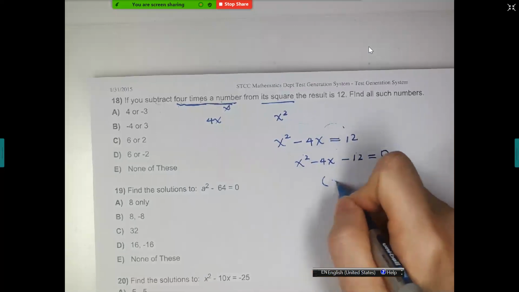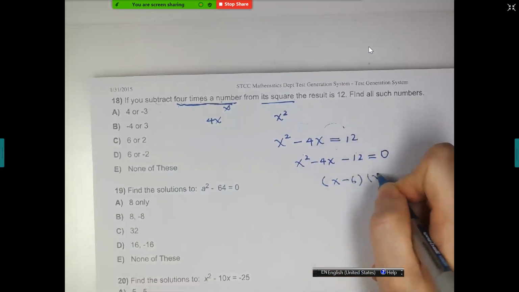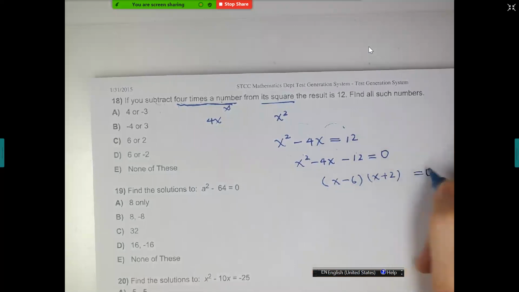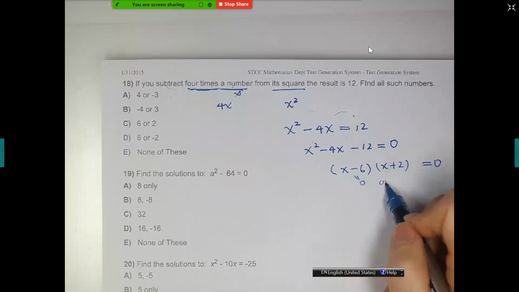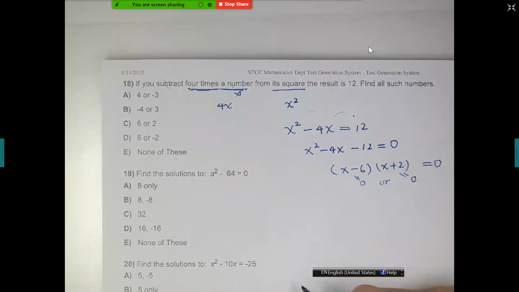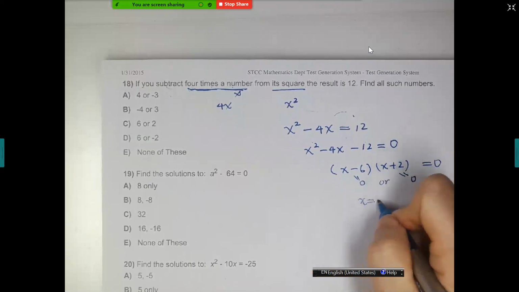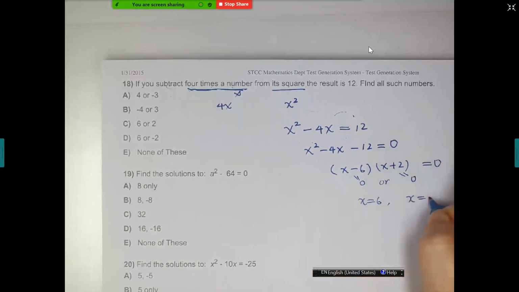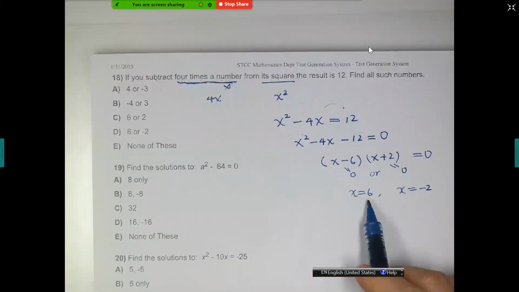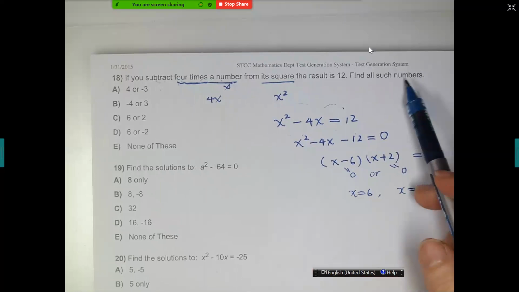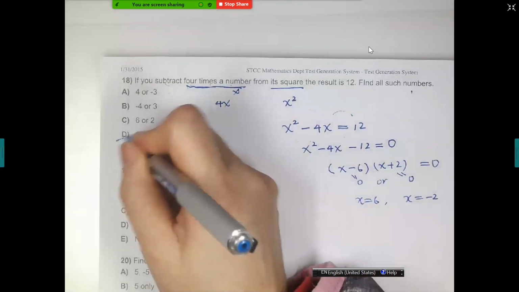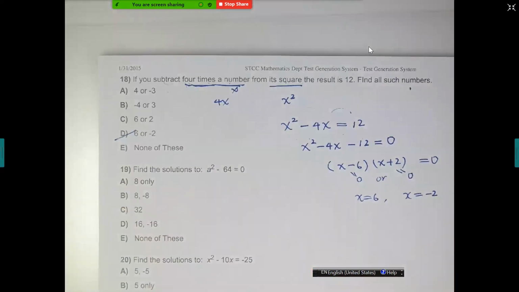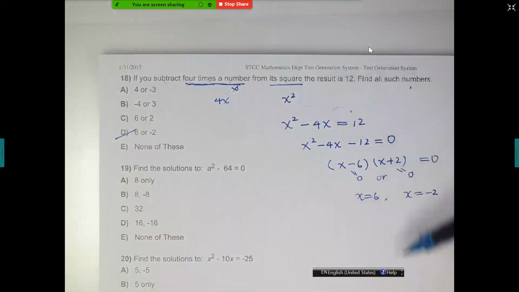Two numbers, (x minus 6)(x plus 2) equals 0. Then x minus 6 equals 0 or x plus 2 equals 0. Then I get x equals 6 or x equals negative 2. So 6 and negative 2 are the two numbers. And check the answer right here. D is the right answer. Those are the two word problems.